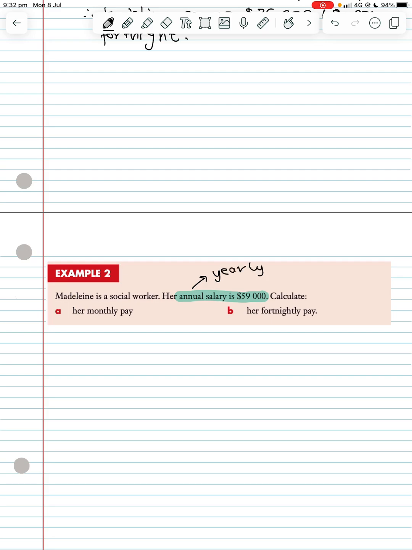So from this, we want to first find her monthly pay. So we know there is 12 months in a year. So to find her monthly pay, we're going to take her $59,000 that she earns as her salary, and we're going to divide it by 12.